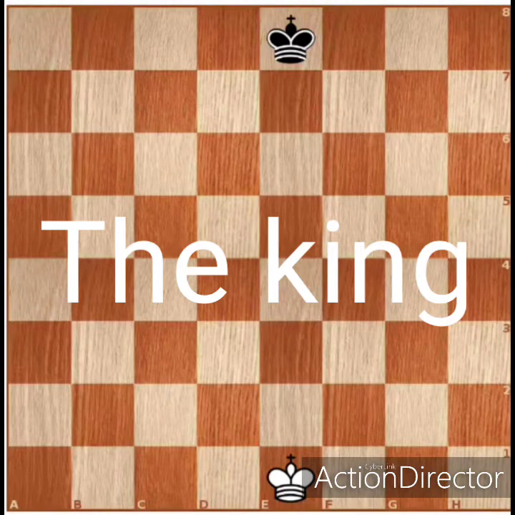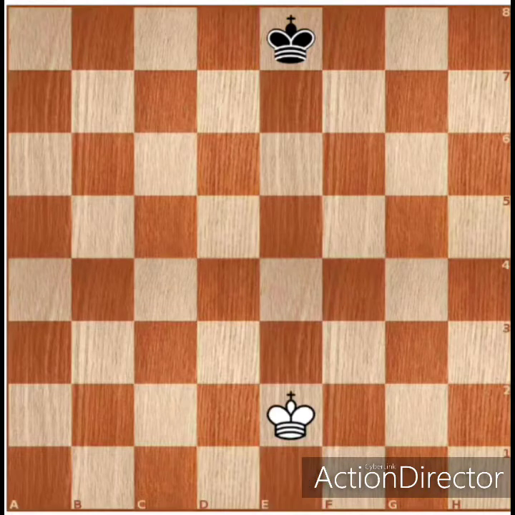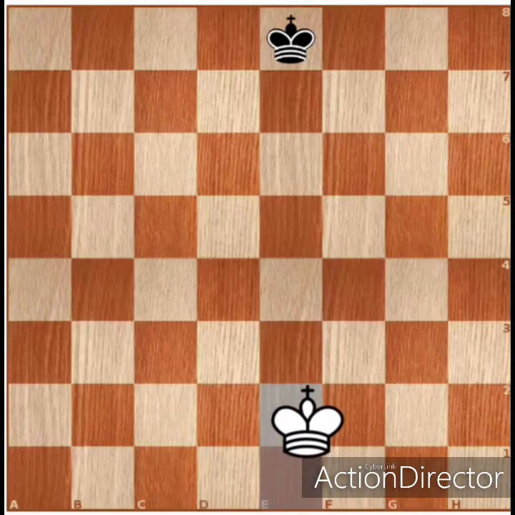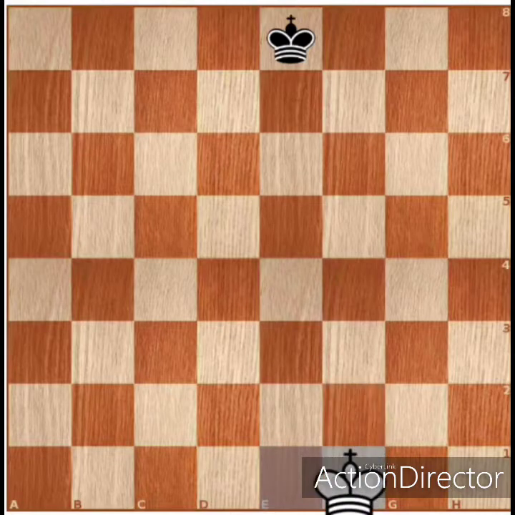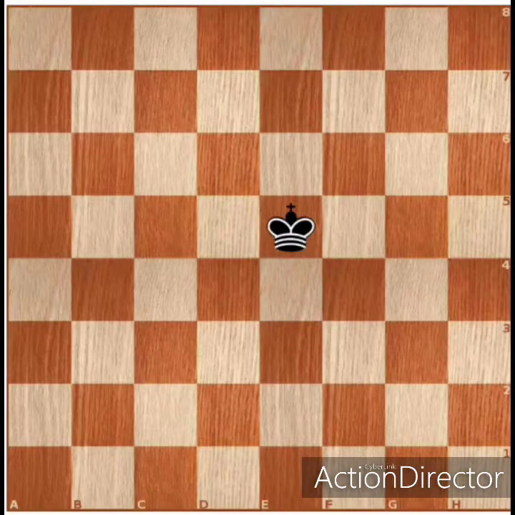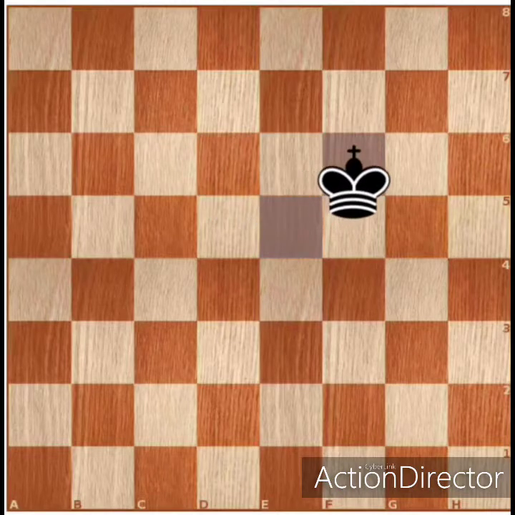King is the one and only piece that can move only one square. If the king is on e1, then the king can go to d1, d2, e2, f2, f1. If the king is in the center, then the king can go to 8 squares.